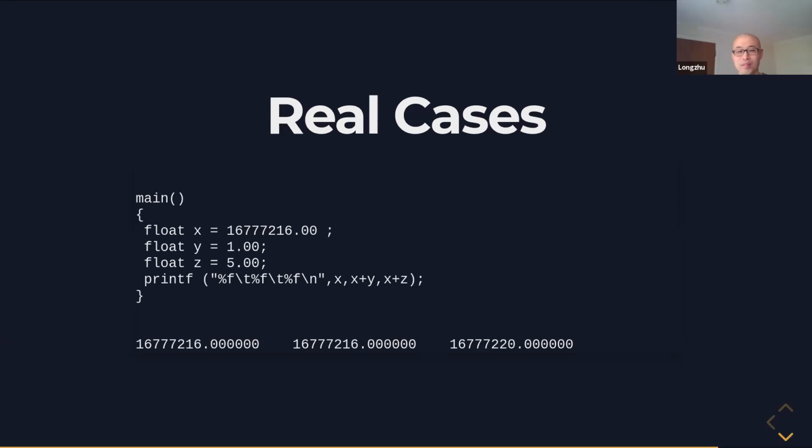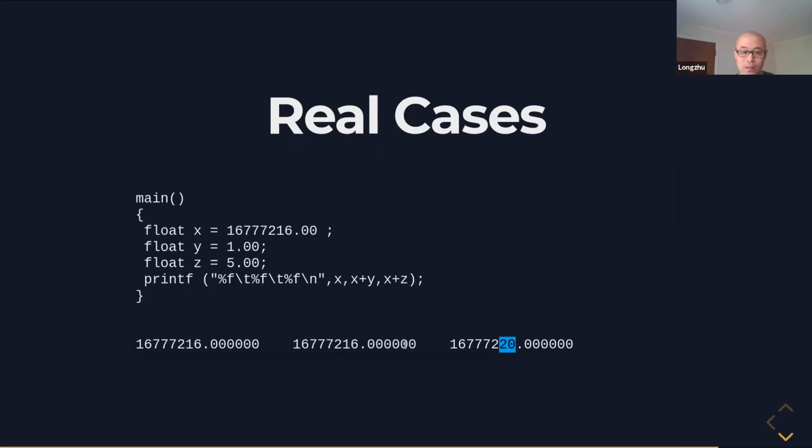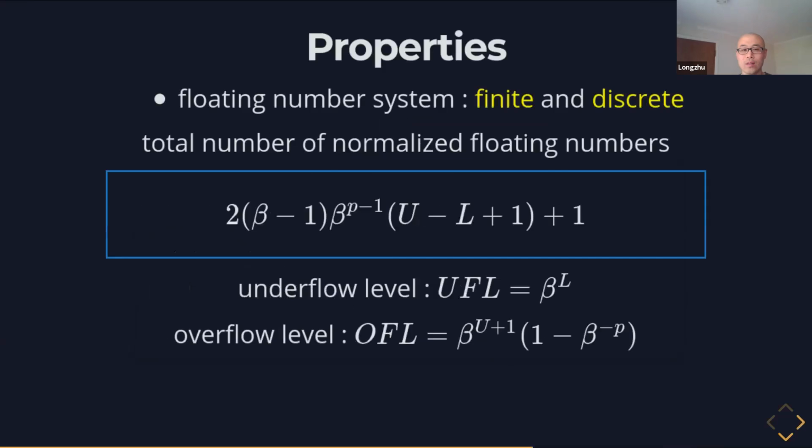So let me just finish first of all about this one. All these calculations, the results of x plus y or x plus z, are incorrect mathematically. If you see here, x plus 1 should be 16777217, but this is incorrect. And plus 5, you should end up with 21, and you end up with 20. Also here is incorrect. Now, the answer to this all lies in the representation of floating points, which is the formula here.